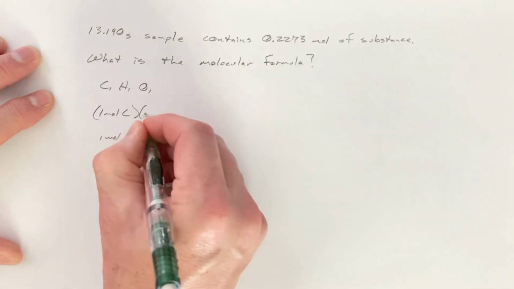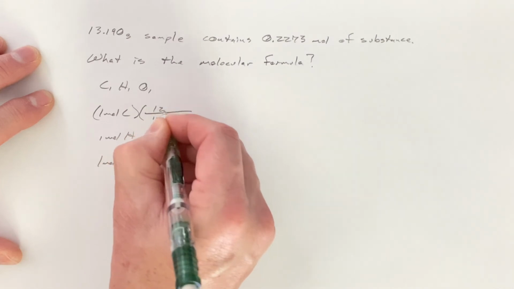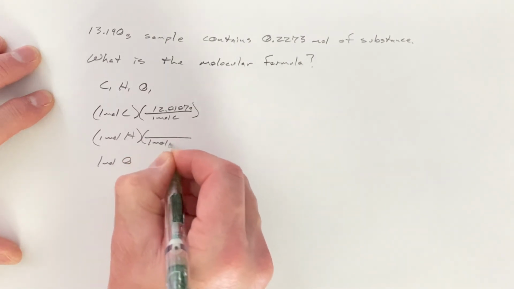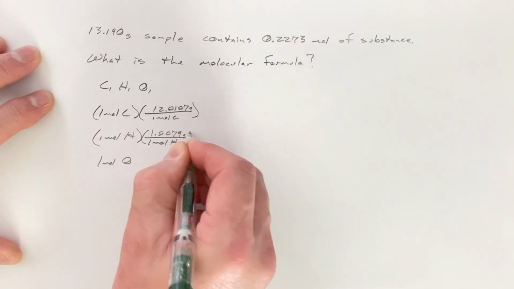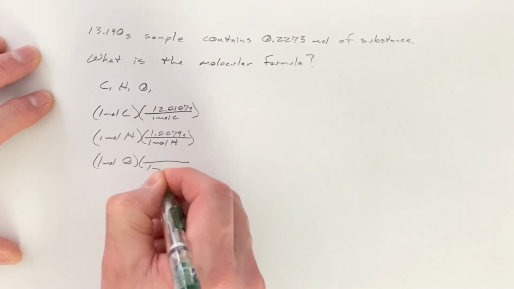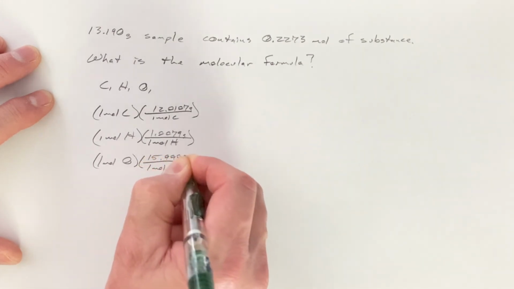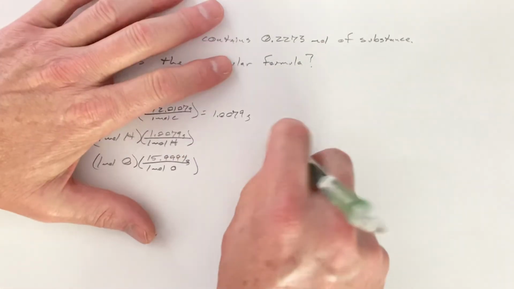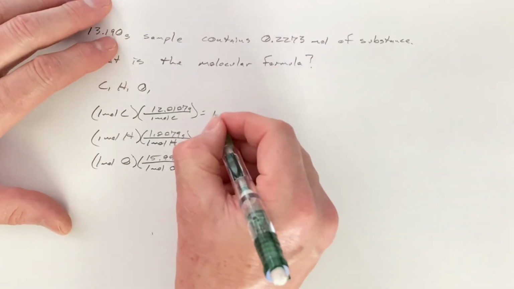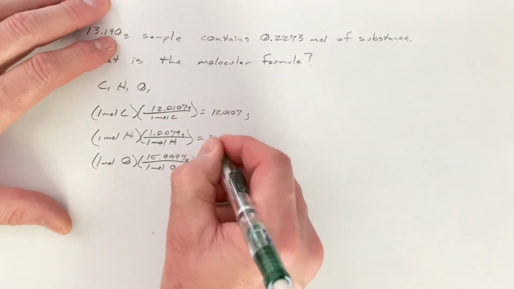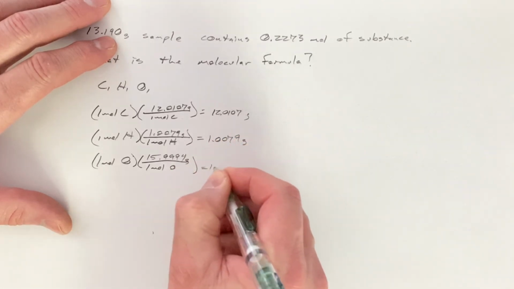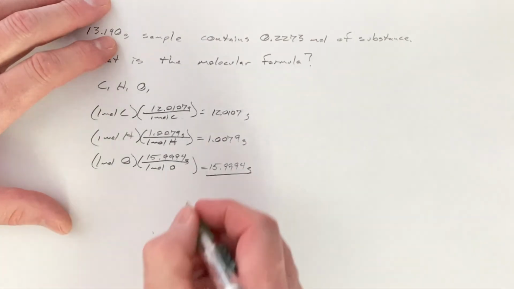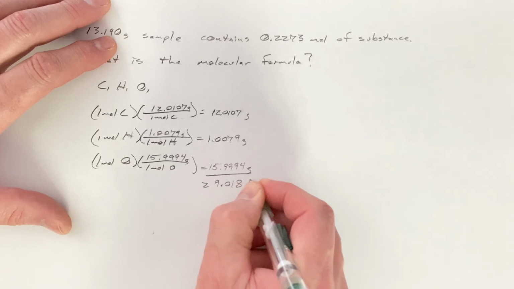And again, we'd go to the periodic table, obtain the masses of each of the elements, and use these to obtain the molar mass, which is 29.018 grams per mole.